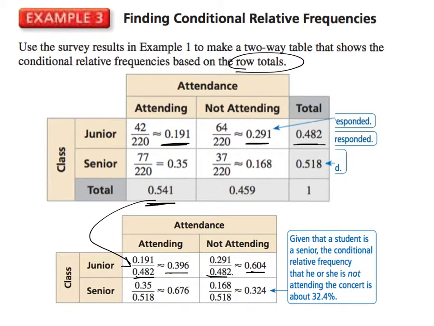And that gives us these percents. The senior, we're going to take 0.35 and 0.168 and divide it by 0.518. And now notice we don't have totals here. We don't need those. So what does this say? Given that a student is a senior, the conditional relative frequency that he or she is not attending the concert is about 32.4%.